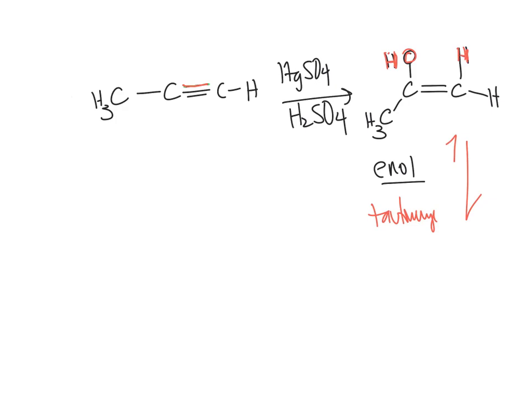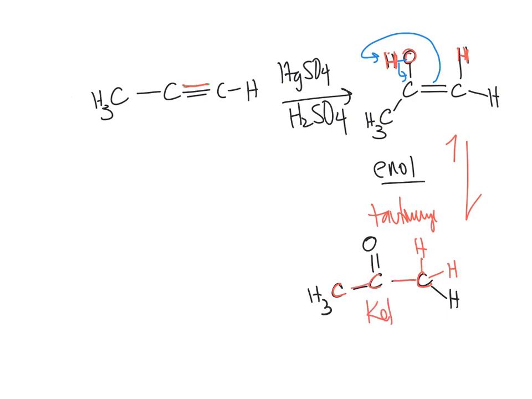Like I said, I don't care whether you do it my way or not, if you want to do the whole full mechanism, but this is how I do it. You can see that I do the tautomerization here, and I have made, do you see that that is a ketone? The carbonyl is bonded to two carbons. That's a ketone, and that's considered Markovnikov addition, and you do that with mercury sulfate.